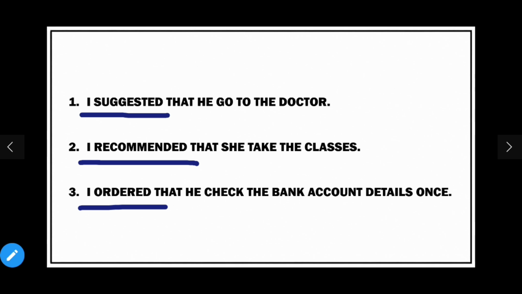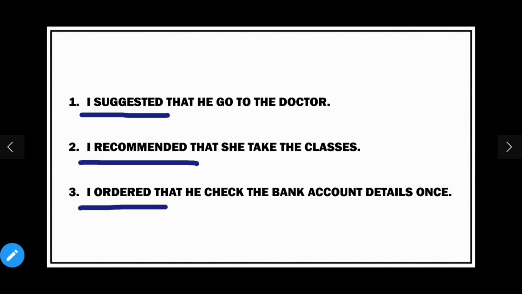Similarly, here I suggested, I recommended, I ordered have helped us to create the sense of subjunctive mood in this sentence. That's why they are the perfect examples of subjunctive mood.